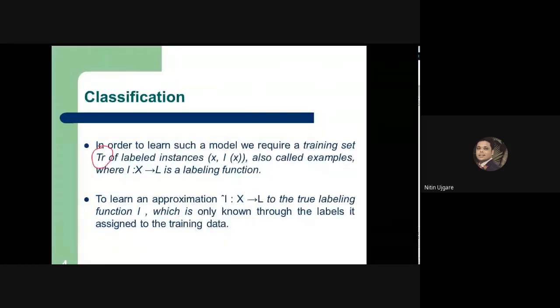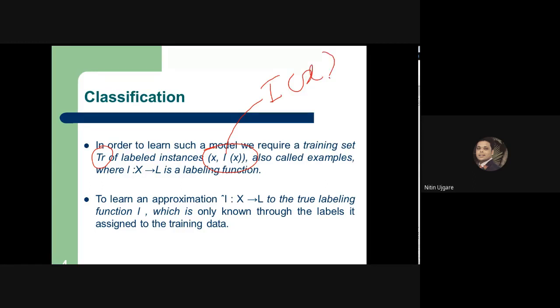And all the instances of this training data set are actually labeled. They are also called labeled examples. So what does this mean? This is called a labeling function. In the parentheses, (x, l(x)). Here l(x) represents the labeling function, which labels this input instance space x.